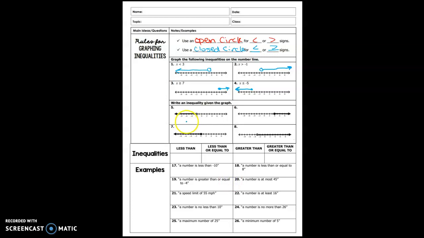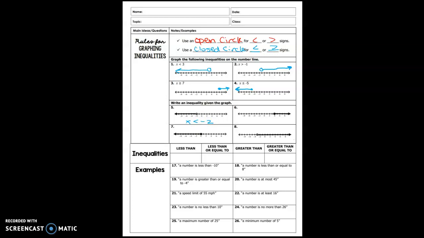On 5, we start with x on the left-hand side. We have an open circle here, so we want either less than or greater than. Since we're going in the left direction, x can be anything less than -2, so we have x is less than -2.